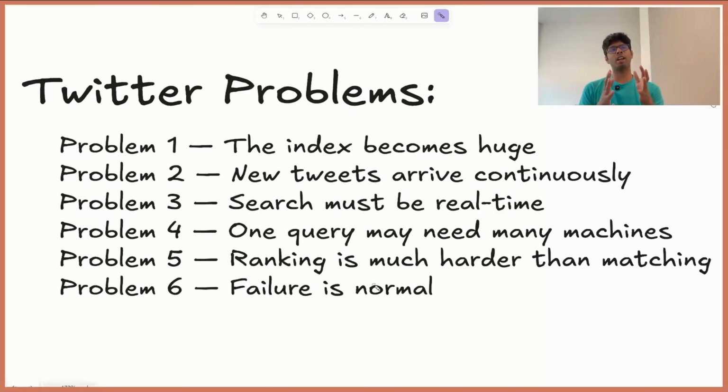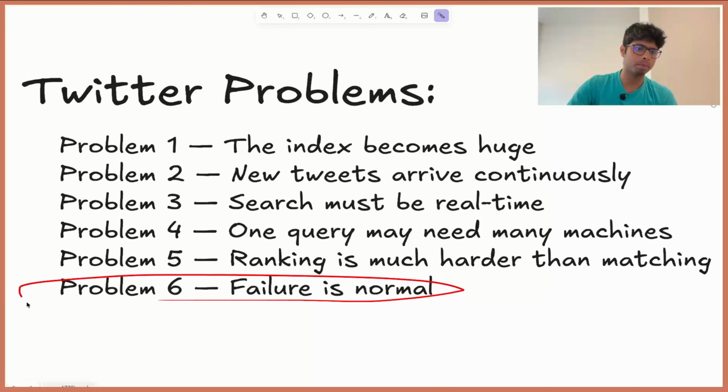Let's say we have three databases in which tweet 1 and tweet 2 exist in database A, tweet 3 and tweet 4 exist in database B, and tweet 5 and tweet 6 exist in database C. Then if database B dies, we are just going to get 1, 2, 5 and 6. So this data is going to be lost if one of our shards or DBs dies, in terms of searching. So this is the problem in our failure.